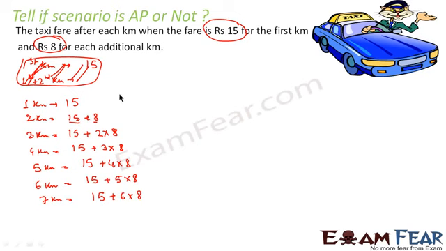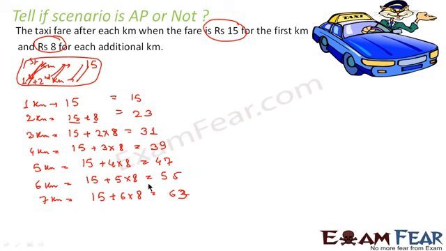So if you see, this is nothing but 15, this is 15 plus 8, 23, this is nothing but 16 plus 15, that is 31, this is nothing but 31 plus 8, 39, this is nothing but 47, this is nothing but 55, this is nothing but 63, right?